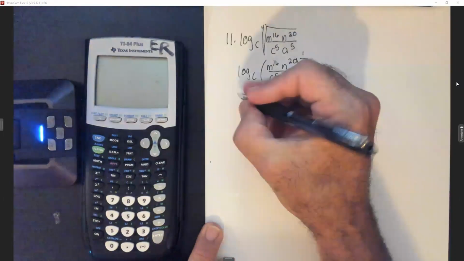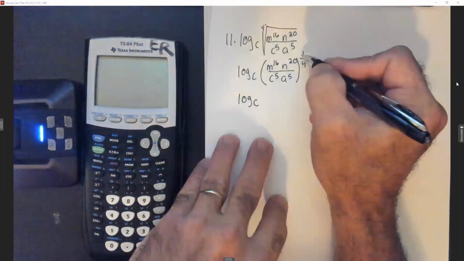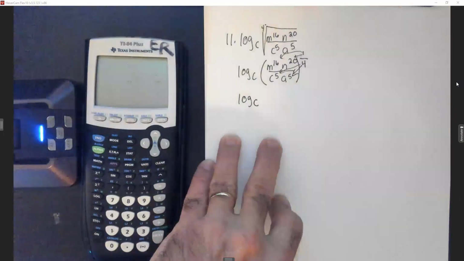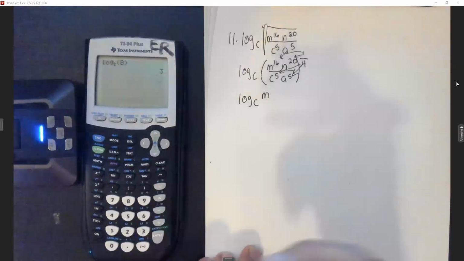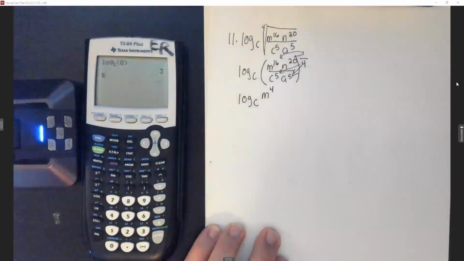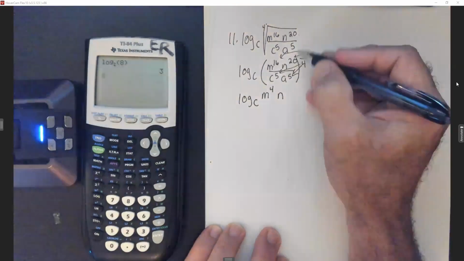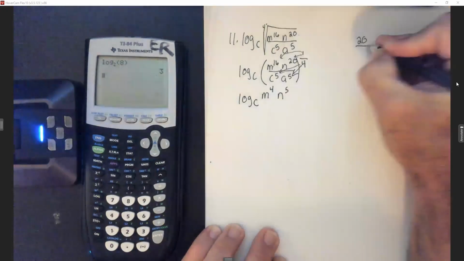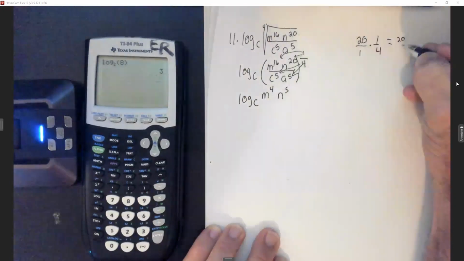Now, what I'm going to do is distribute that exponent to all 4 of these factors. So the M, 16 times 1/4. If you multiply that out, 16 times 1/4 would give you a 4. Then you got N, 20 times 1/4 would be 5. So remember, I'm just doing 20 times 1/4 is 20 over 4, which gives me 5.